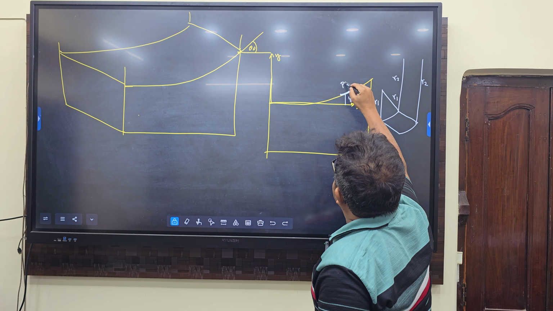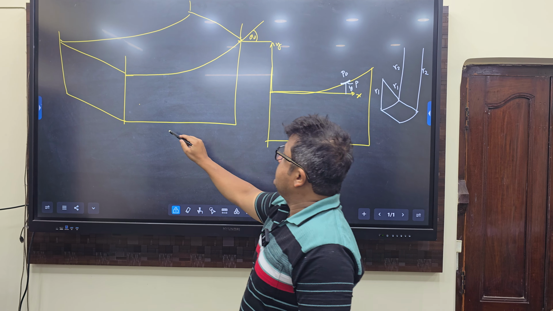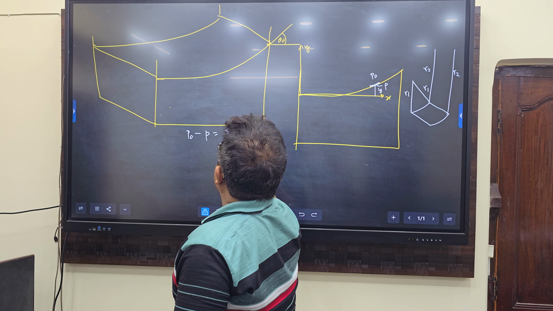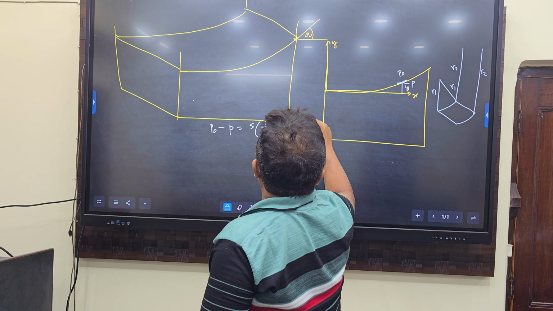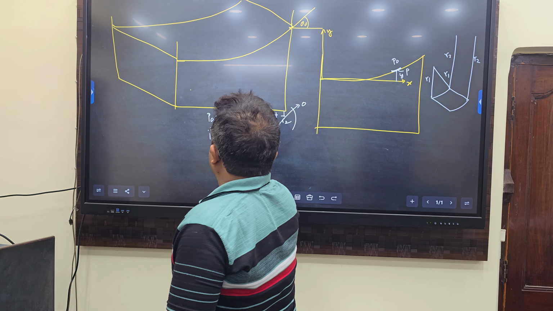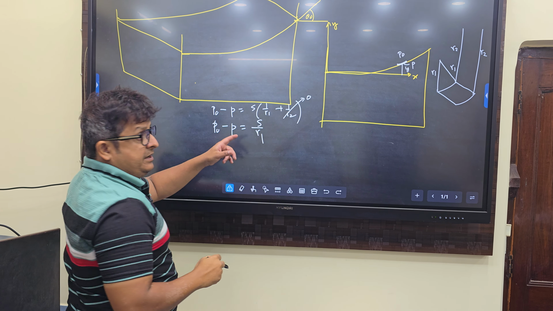Here you have pressure P0, atmospheric pressure, and here you have P. So P0 minus P is S into 1 by R1 plus 1 by R2. Now here 1 by R2 is 0, so P0 minus P is S by R1.